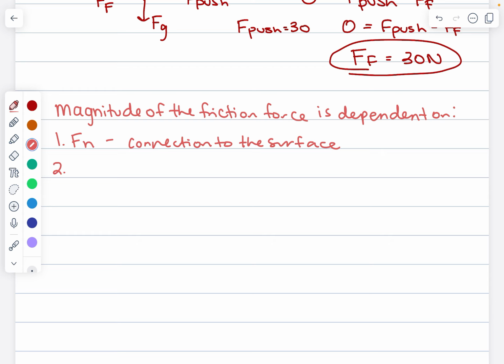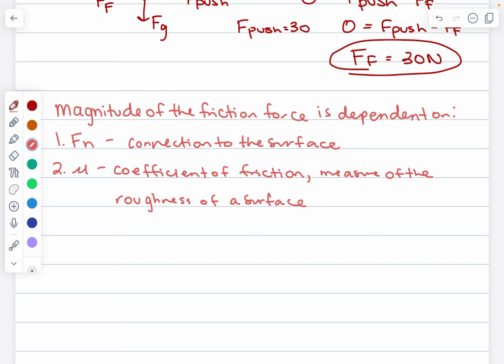The second thing is what we're going to call mu, which is the coefficient of friction. It's a measure of the roughness of a surface.